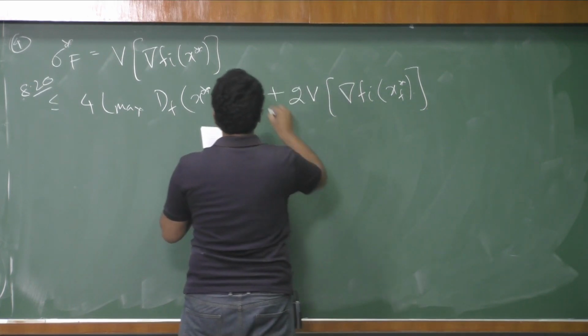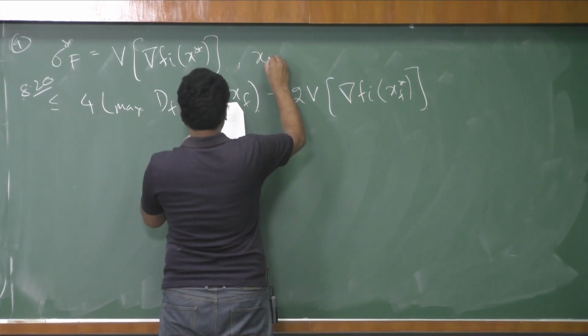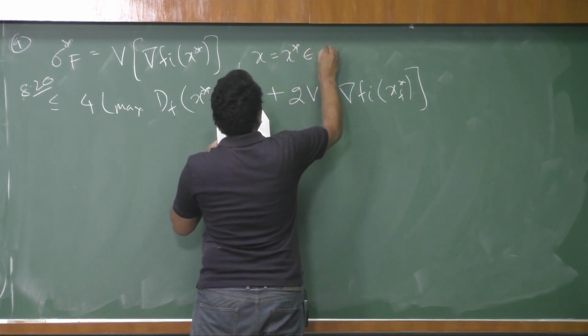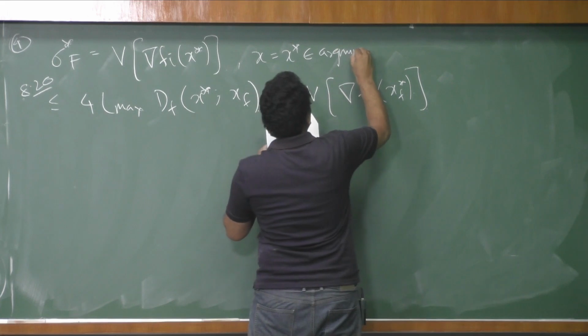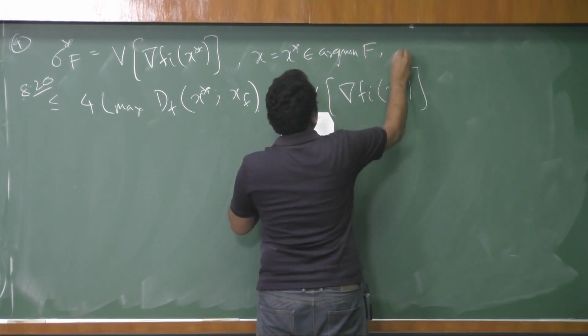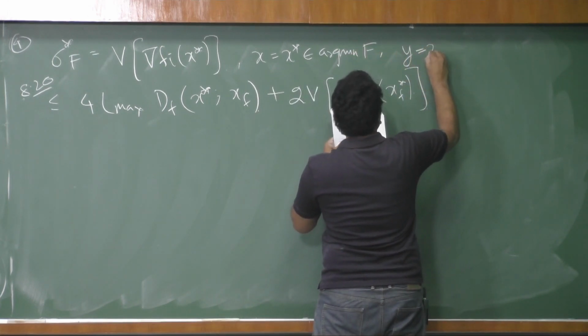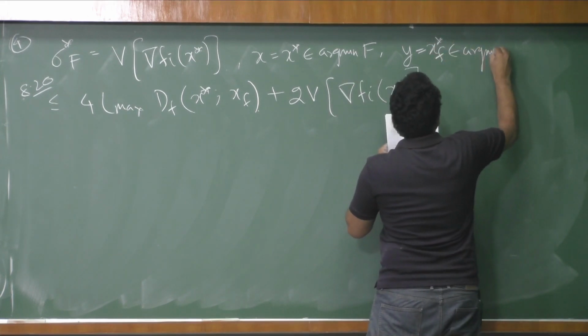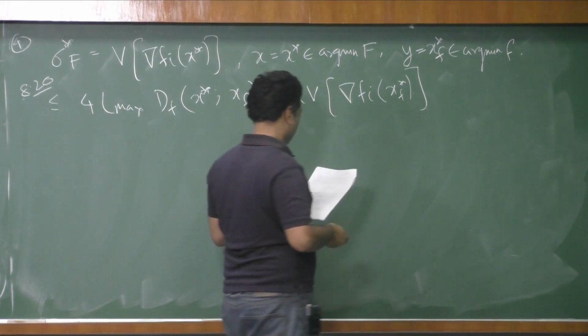So here in the lemma we are taking x equal to x*, which is in the argmin of capital F, and y equals x*_f in argmin of f.